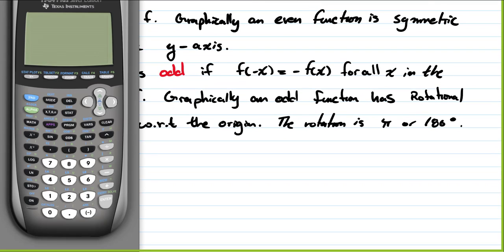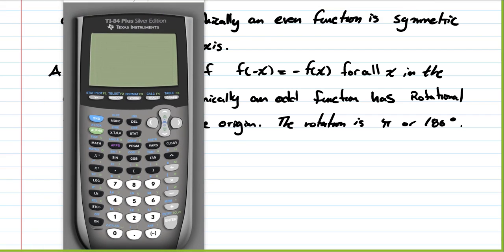So, just to show you a couple of graphical examples, if we were to graph y equals x squared, this is the simplest example of an even function. If I fold it over the y-axis, the two halves of the graph would land on top of each other. That's y-axis symmetry, or a reflective symmetry in this case.